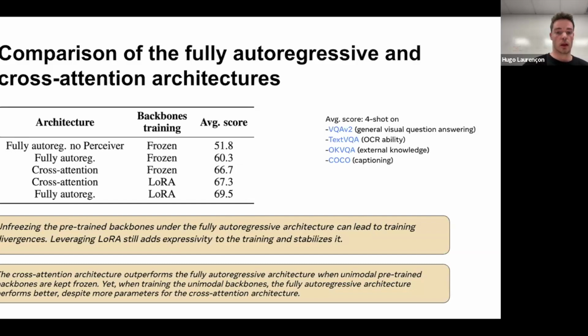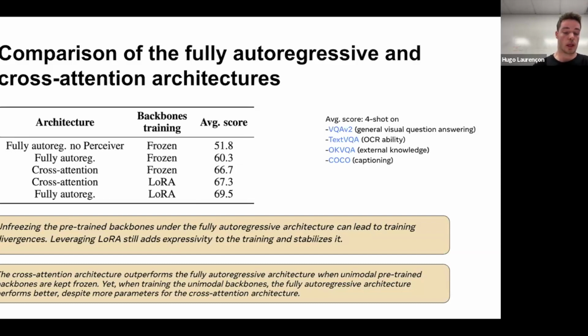And in the end, using LoRA parameters helped us to gain expressivity while keeping the stability. So that's what we use. Instead of unfreezing everything, we use a LoRA approach, even during the pre-training.